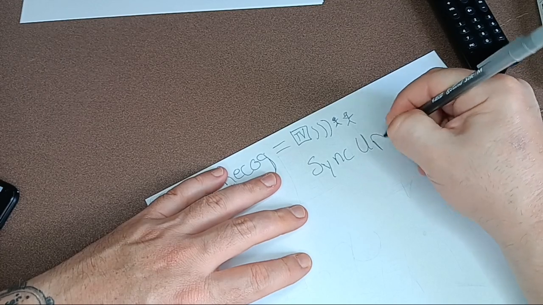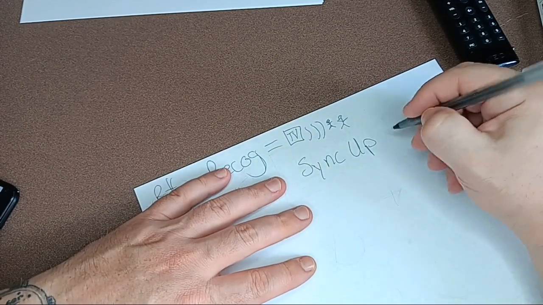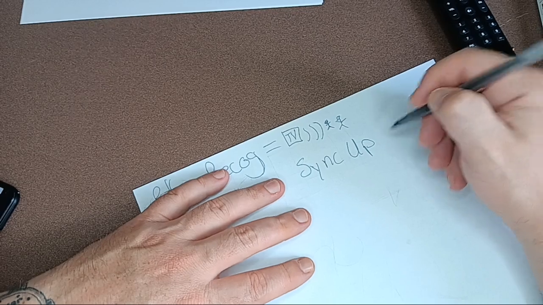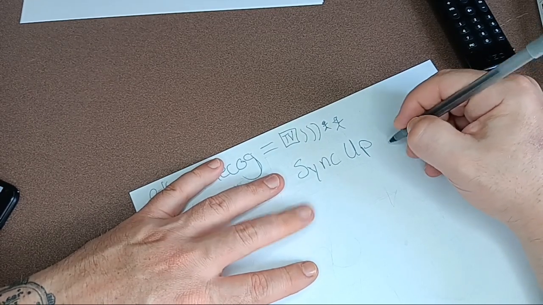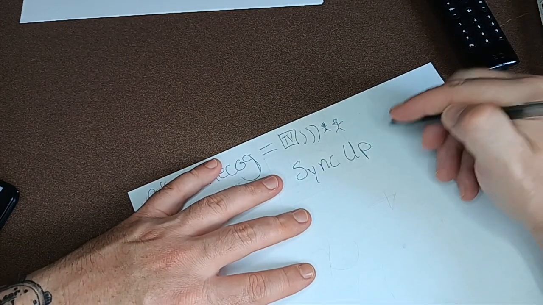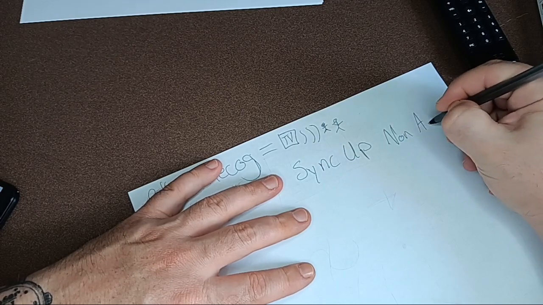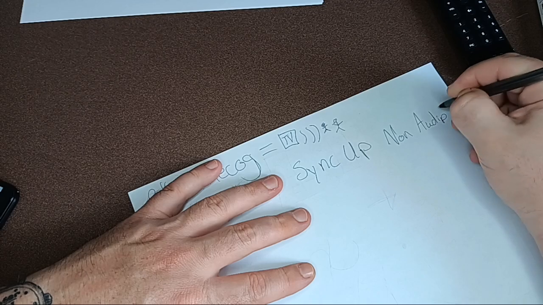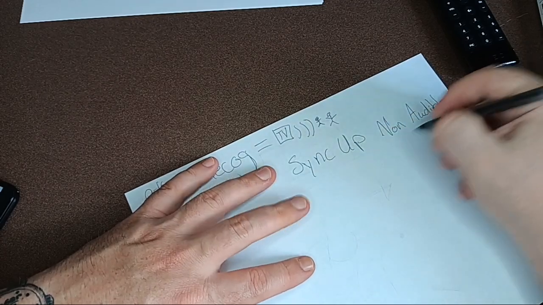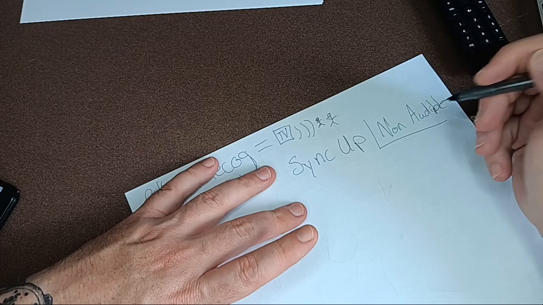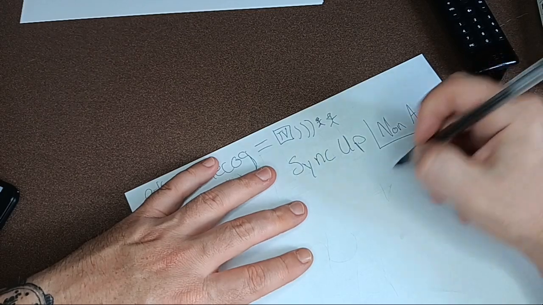Now this can correlate to any audible sound, but when you find someone syncing up, the easiest way is to test non-audible movement. Non-audible. Now, you can tell when you're highly in tune because you'll start feeling things.